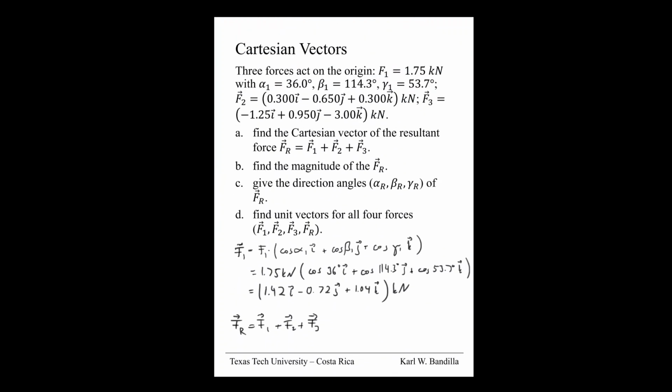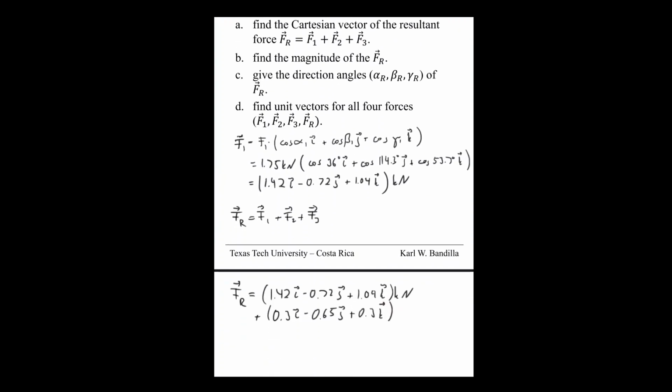plus 0.3i minus 0.65j. I'm not going to add all the extra zeros there. And then plus 0.3k. That was also kilonewtons, I'm assuming, not newtons, yeah. Kilonewton.